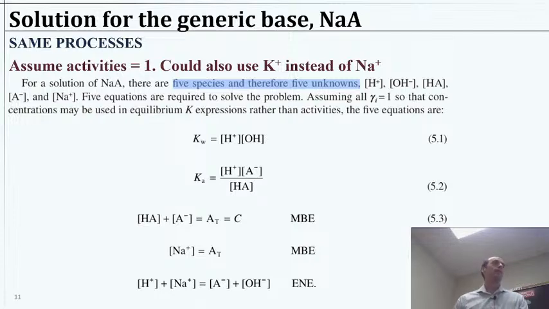It's just there to allow it to show up. But using sodium and assuming activities are still 1, here's what we can do. We've got 5 species that are unknown, just like last time. And that means we need 5 equations to simplify down to just H+, or I guess we could target OH-, but I think we'll probably stick with H+.